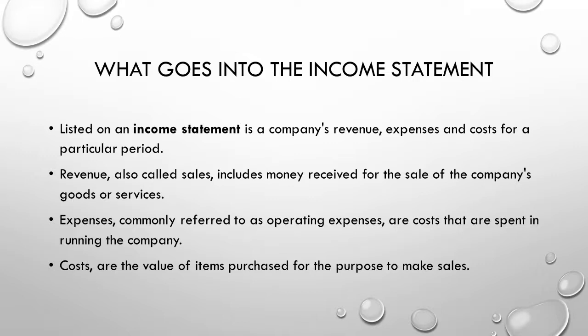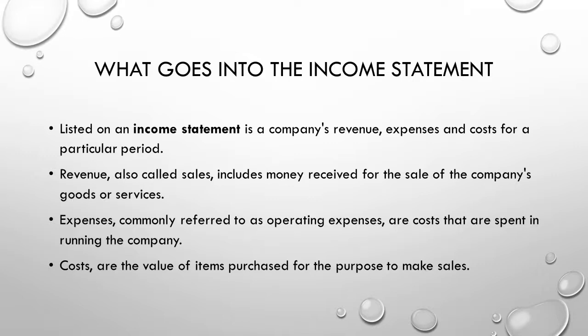Equity, nope. Those three items will go into your balance sheet, which will be another slide. So the income statement only takes into account your revenue, expenses, and any cost for this particular period. I will explain more about the difference between expenses and costs.